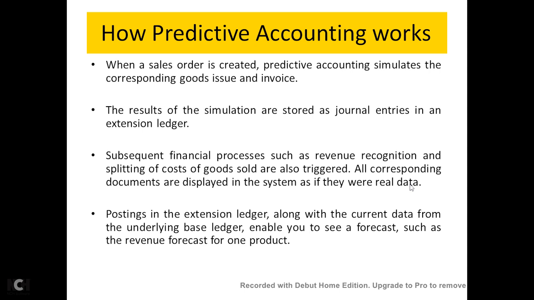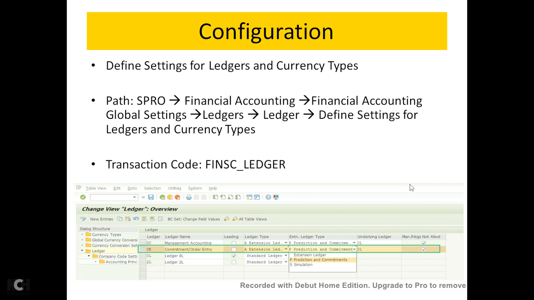For one product, you may have some actual data like billing and delivery COGS, and also certain sales orders which are created but not yet converted into billing. This will help you forecast how much revenue you are going to have at the end of the month or quarter.